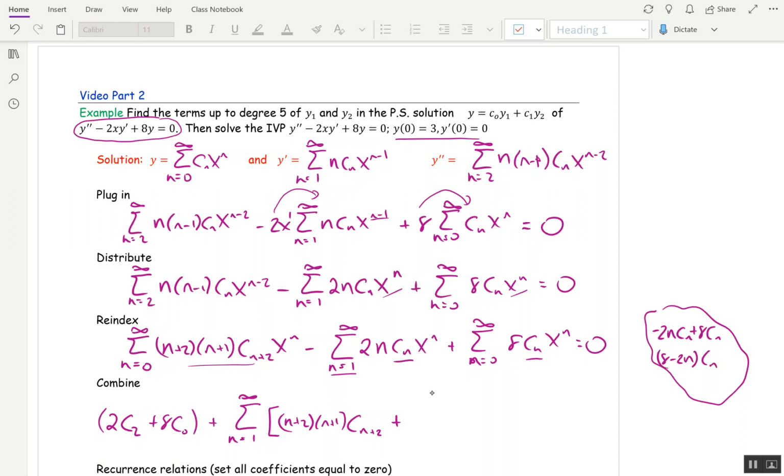So my second coefficient here is 8 minus 2n times Cn, and close my bracket, all times x to the n, n equals 1 to infinity.